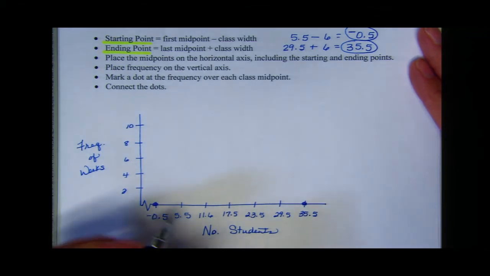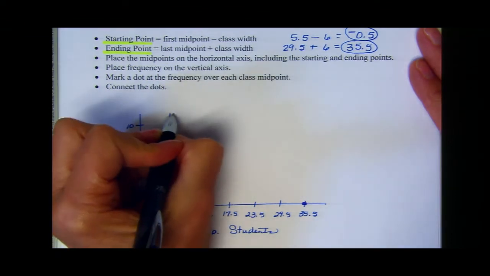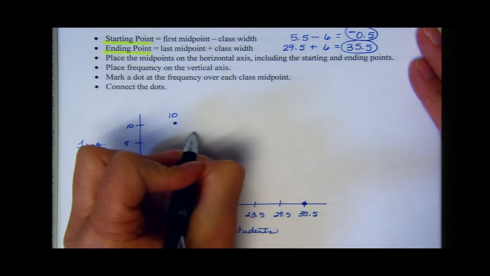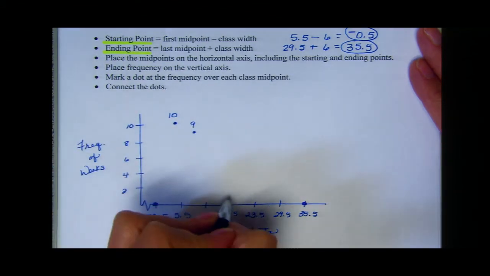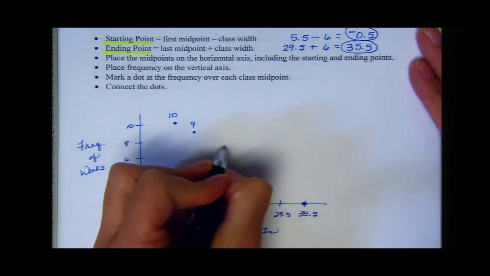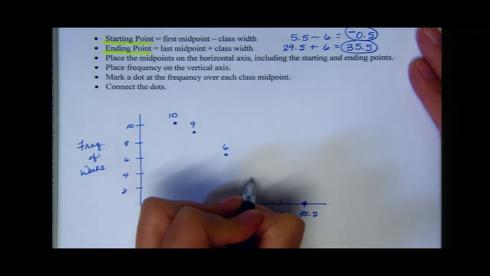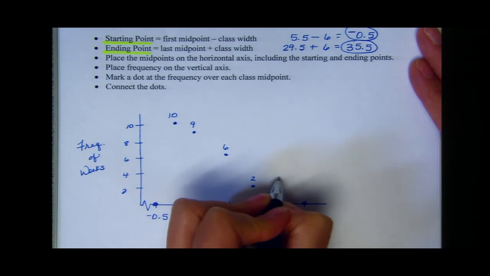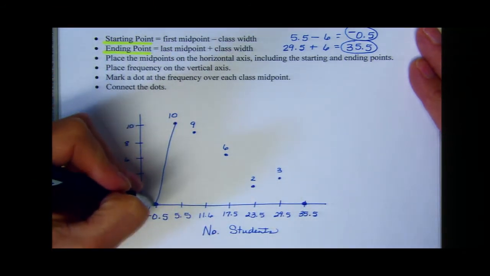So we would have 10, and then we have 9, and then we have 6, 2, and then 3, and then we connect our dots.